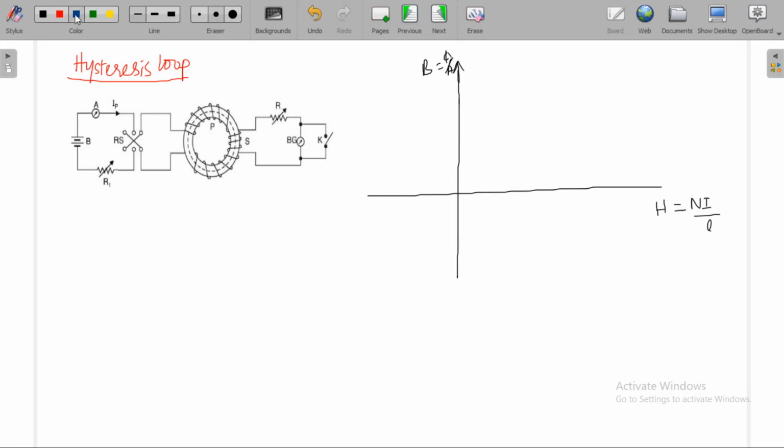Now, you are applying voltage to this magnetic material. With the help of this resistance, you can increase or decrease the current, right? If you increase current, you are increasing the magnetizing force H. If current is zero, B will be 0. With the increase in current, B will be increasing like this.